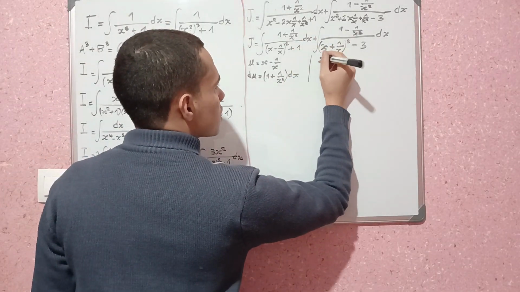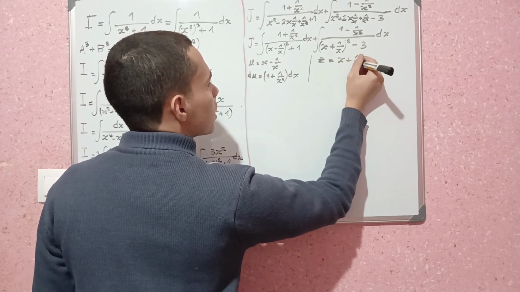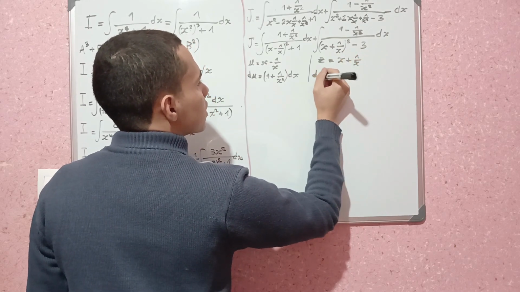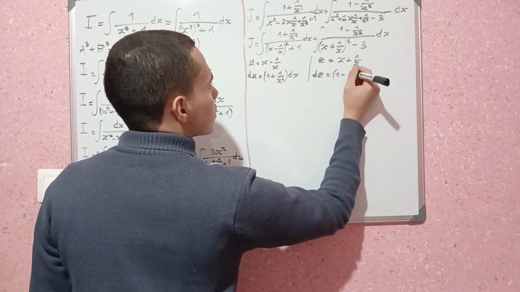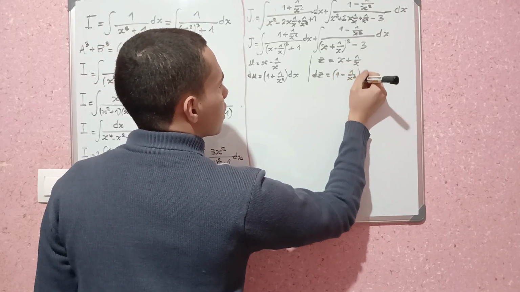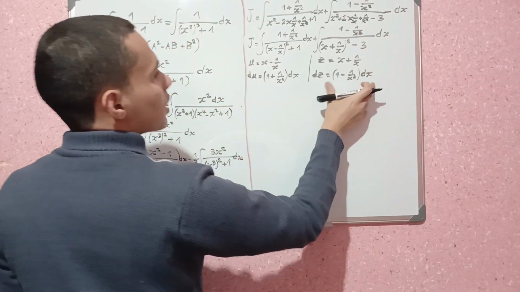Same for this part, let's use a z. Z equals x plus 1 over x, so that dz equals 1 minus 1 over x squared dx, which is the same as that.